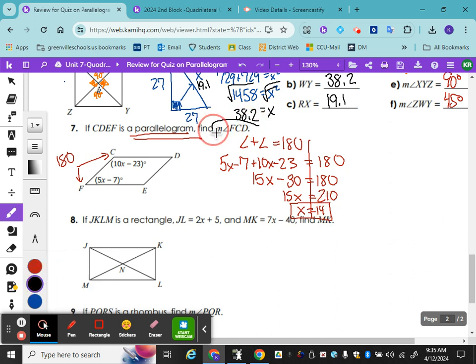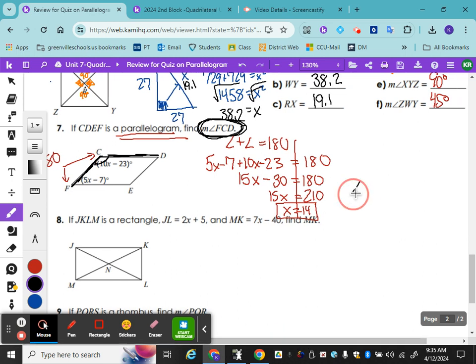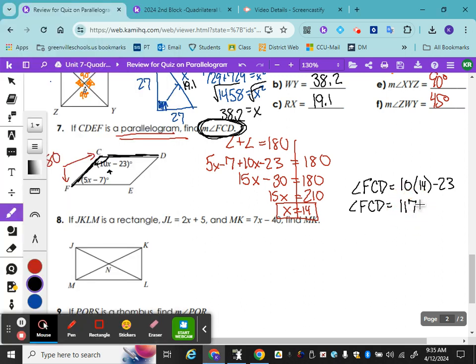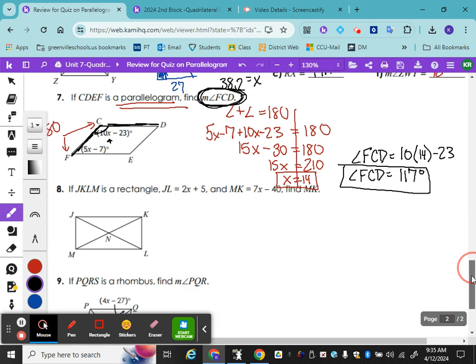No. Find FCD, from F to C to D. We want this angle. Angle FCD equals 10 times 14 minus 23, plugging 14 in for X. 117 degrees because it's an angle. Here's your final answer. 2 more.